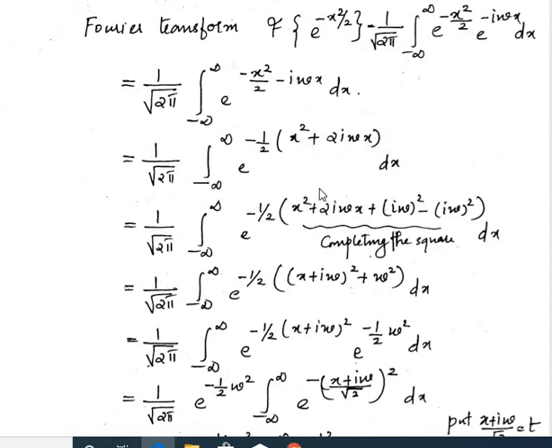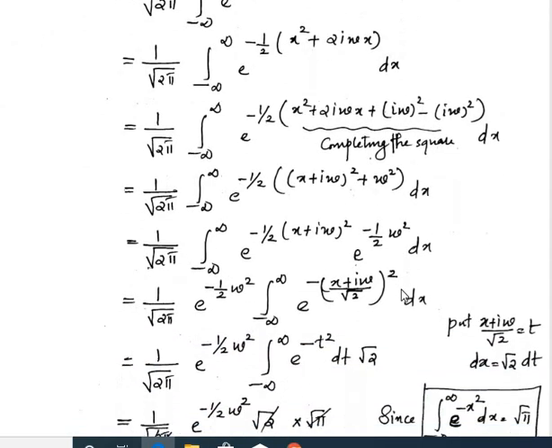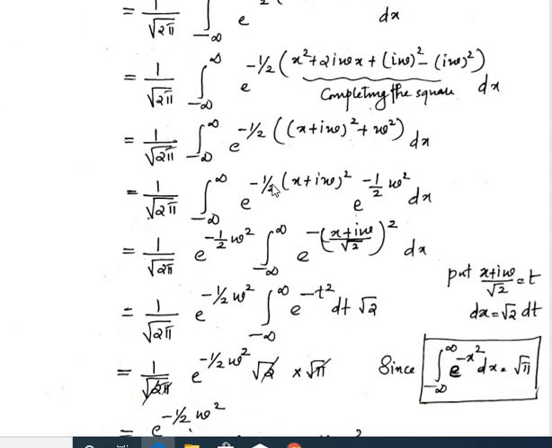The coefficient of x square is 1, and the coefficient of x is 2i omega. We take the half term, that is i omega, and we square the term and subtract the term, and this is the expansion of x plus i omega the whole square, and i square is minus 1, so minus minus plus omega square. So it becomes e raised to minus 1 by 2 x plus i omega square dx minus 1 by 2 omega square.